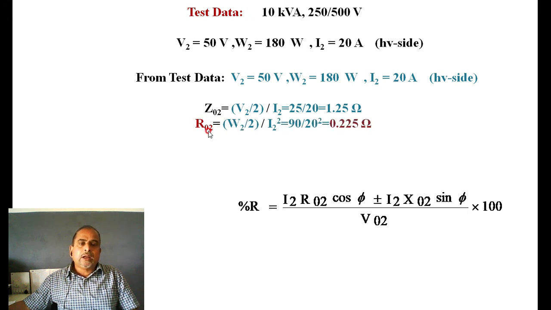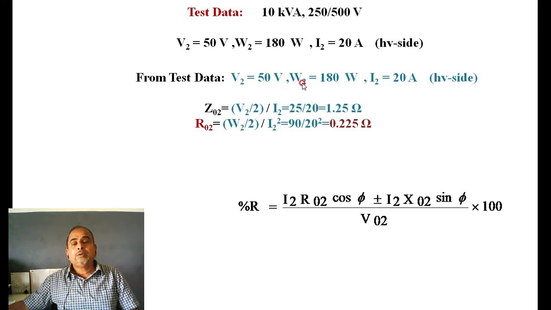Then how to get RO2? RO2 we get from the power loss in the transformer, that is W2, the power consumed in the two windings. Therefore we calculate RO2 for the individual transformer. The copper loss for each transformer is W2 by 2 divided by I2 squared.